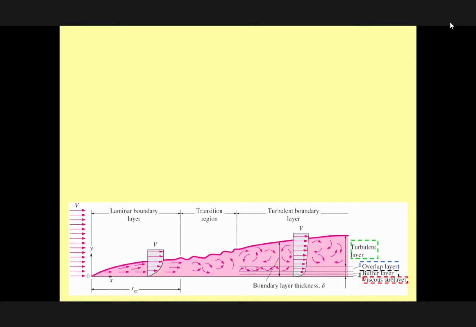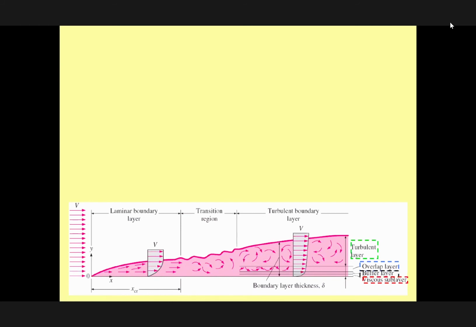It means the velocity at this point where they meet is the maximum, because here velocity is slowly increasing, and if you have another plate on the top, velocity is slowly increasing. Therefore, this velocity becomes maximum. That's exactly what happens in the pipe. In the pipe, we mentioned the velocity at the center is the maximum.